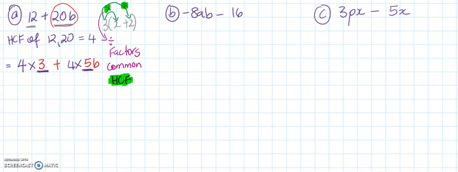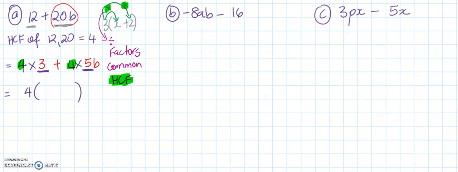So to put this all together in a factorized form, because 4 is repeated, we'll put the 4 outside the brackets, and everything in red, 3 plus 5b, will go inside the brackets. And that has factorized our expression 12 plus 20b. So you can rewrite that in the same color if you want to, or just leave it like that.